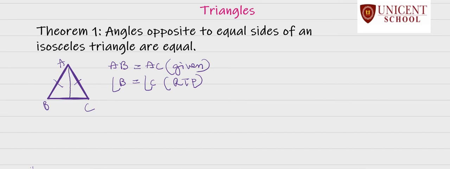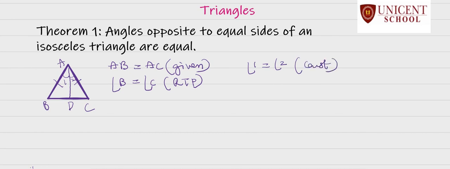I take a line segment joining A to D such that it divides angle A into two equal parts, that is, it bisects. Therefore, I get angle 1 the same as angle 2, that is, equal. This is based on our construction.